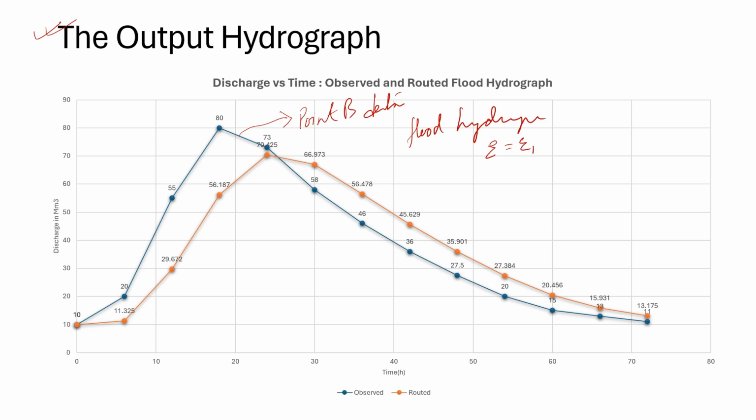And this orange graph is showing the routed hydrograph. This is the predicted one. This is the outflow hydrograph, predicted with the help of this Goodrich method.